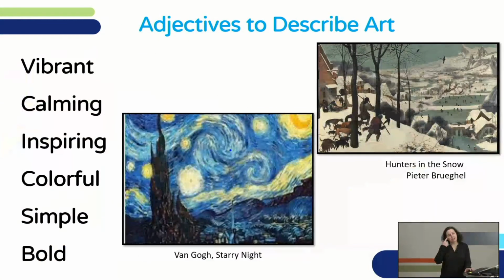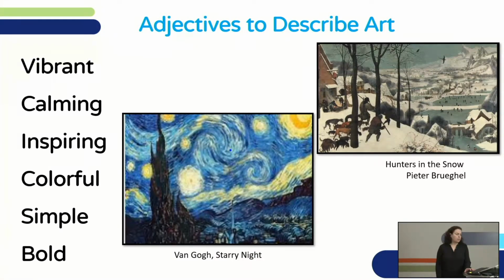Inspiring, it makes me think, it inspires me. An idea inspires me to do something else. When I look at a painting, sometimes it inspires me either to paint or brings me a feeling of something to do, something to accomplish. Inspiring.